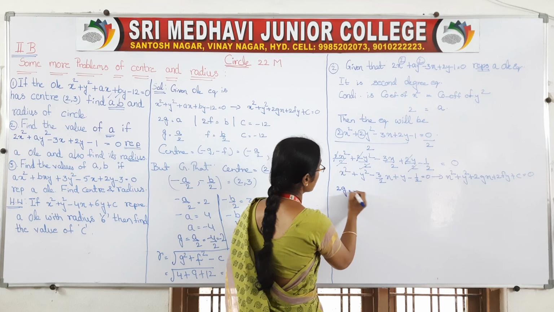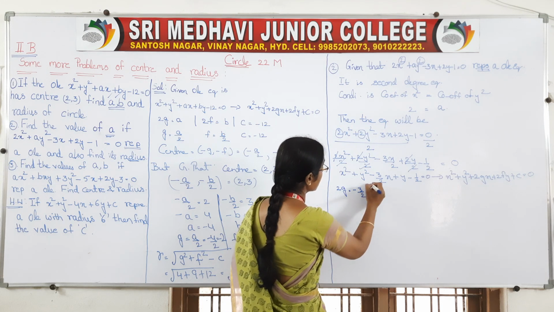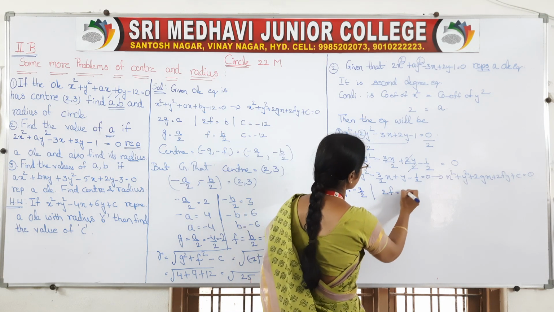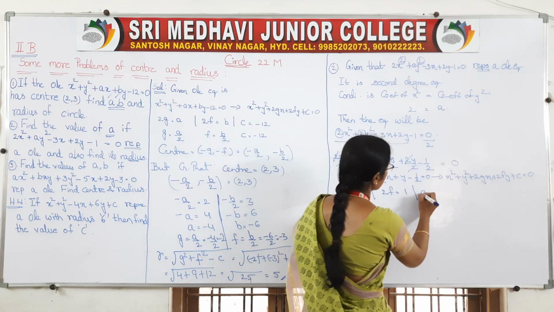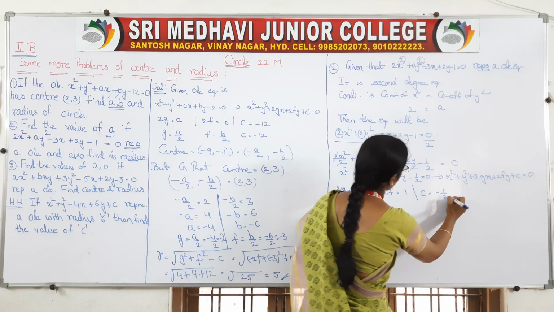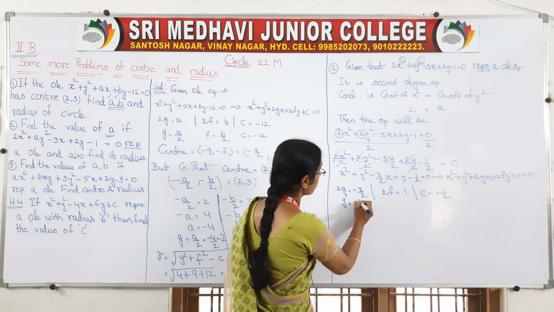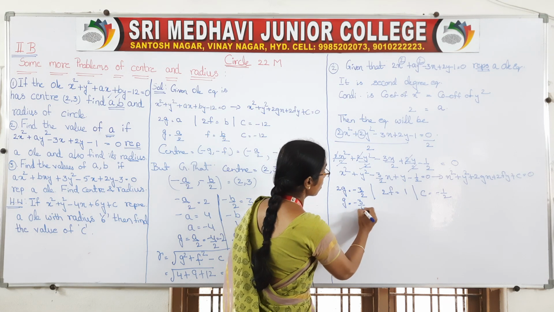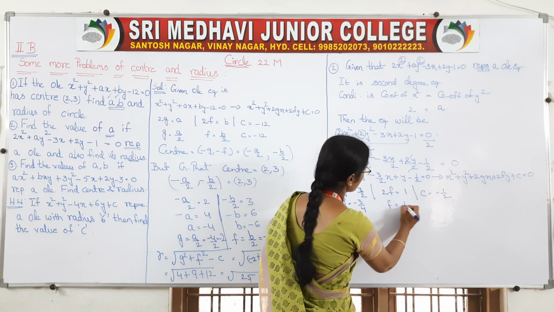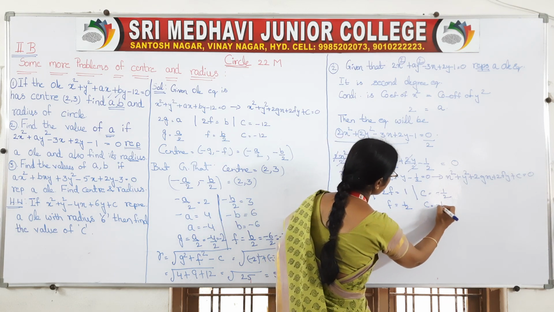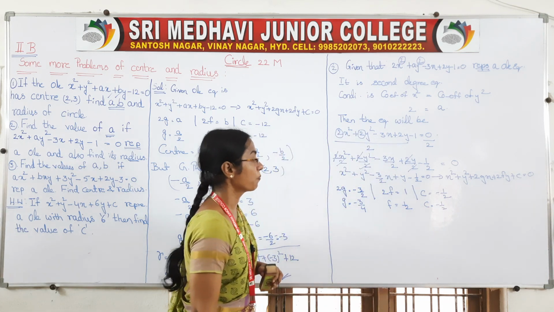So 2g is equal to minus 3 by 2, 2f is equal to 1, and c is equal to minus 1 by 2. So g is equal to minus 3 by 4, f is equal to 1 by 2, c is minus 1 by 2.